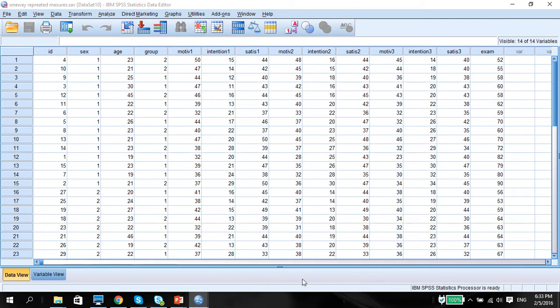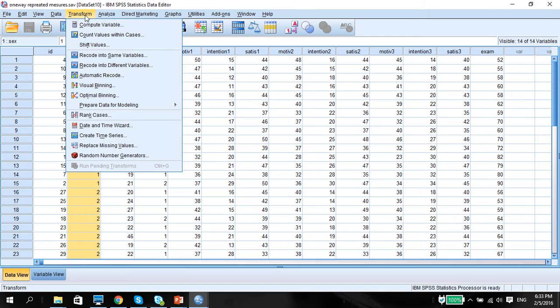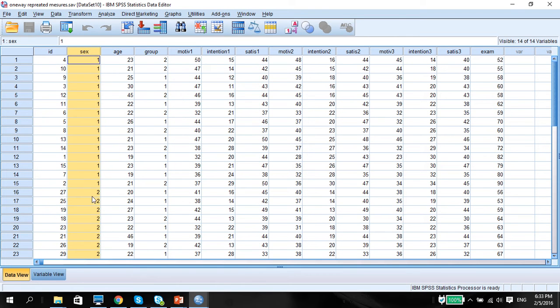In a split mix design, we might want to see satisfaction levels pre, during, and post restructuring period. And we also want to see whether there are differences between the genders. So we look at the gender here.